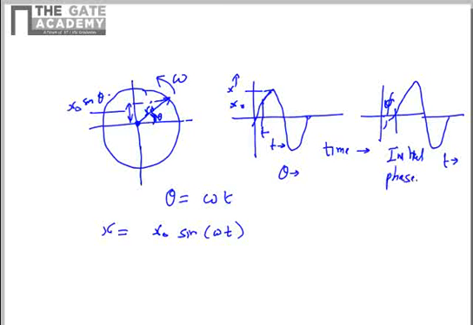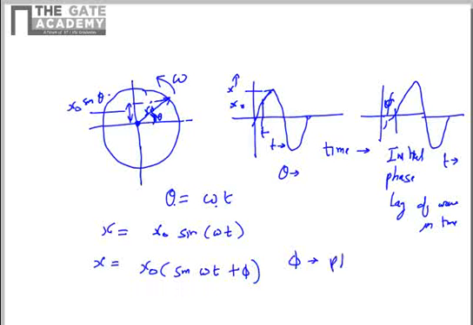This is called initial phase or lag of the wave in time. So time can be converted to theta with the help of angular frequency. This is the use of angular frequency that we have defined. In that case, x will be equal to x0 sine omega t plus phi. So phi is the initial phase. It is not starting from 0.